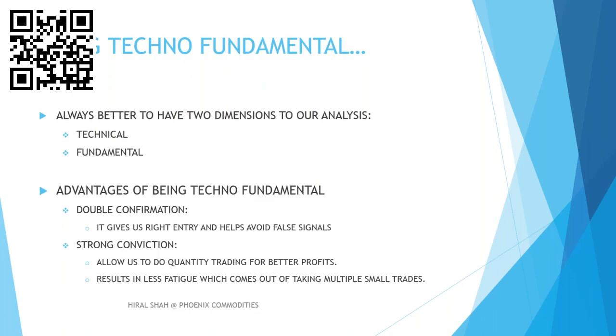Come on, answer please. Yes. So whenever we trade with multiple lots, in a single trade we'll be able to achieve our daily target or profit target, as I already explained to you people, right? And this will create less fatigue.